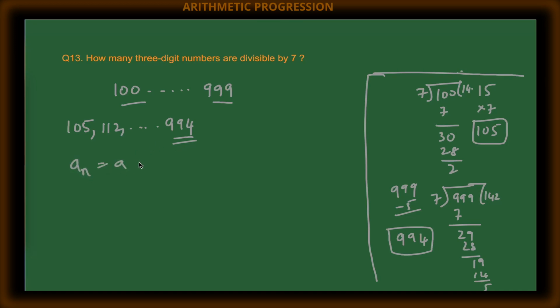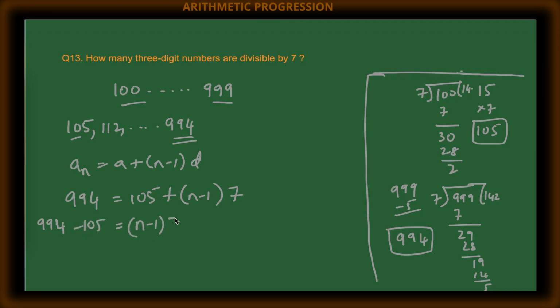We use the formula an is equal to a plus n minus 1 into d. What is an? an is given as 994. a is given as 105, plus n is the one which we need to find. d is 7, since the numbers are divisible by 7, so the common difference is 7. So 994 minus 105, this becomes (n minus 1) into 7.